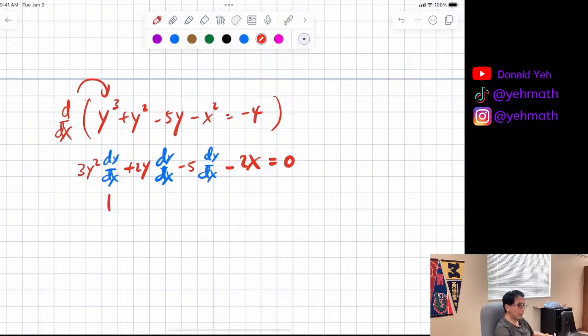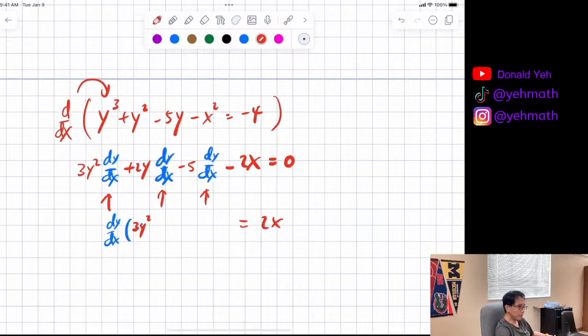Now, do you see this dy dx here? I can isolate them by moving everything non-dy dx to the other side. So I can add 2x to the other side, so it's 2x. Then I can factor out a dy dx. Remember that pig problem I asked you to begin the year? When you have ig and ip, I can factor out i. Same thing here. That's why I asked you to do that problem.